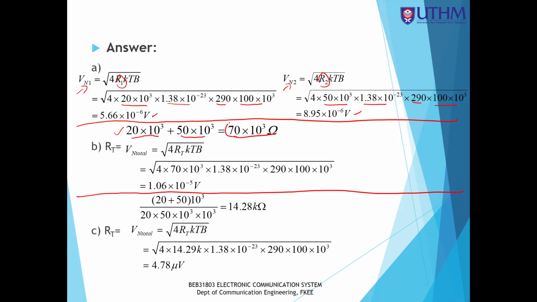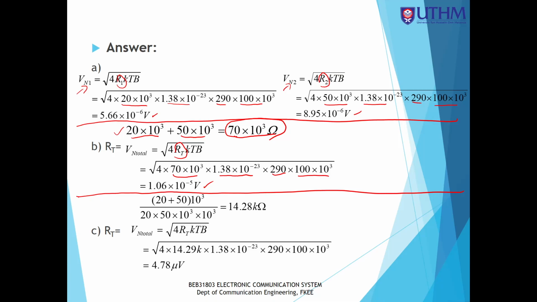So from here you can do the calculation using this R total. The noise voltage is equal to square root of 4 R total multiplied with K, T and B. So square root of 4 times 70 kilo ohm multiplied with Boltzmann constant, temperature, and bandwidth. So you get 1.06 times 10 to the power of minus 5 volt.